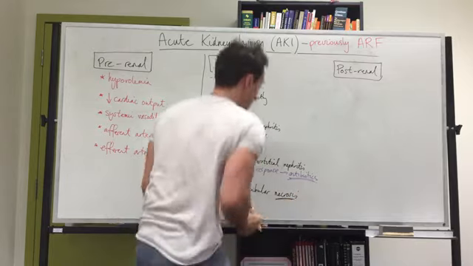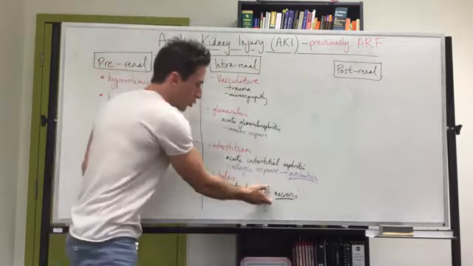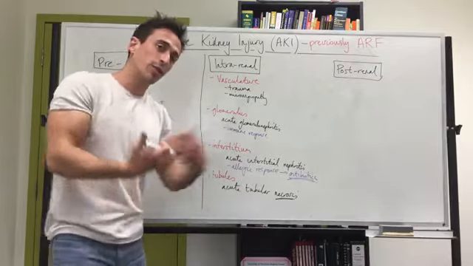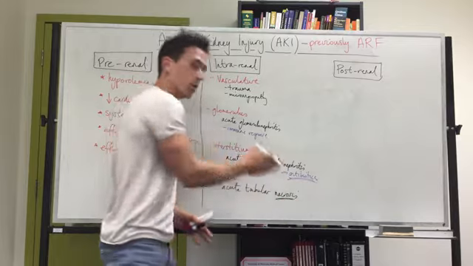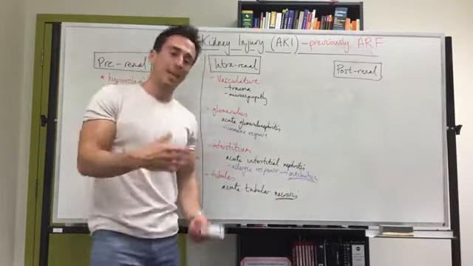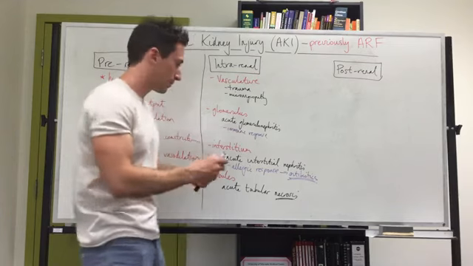So that necrosis is telling you that there's death occurring. These tubes are made up of cells. So these cells require oxygen, and when they don't get that oxygen, those cells die. Which means acute tubular necrosis is secondary to ischemia.